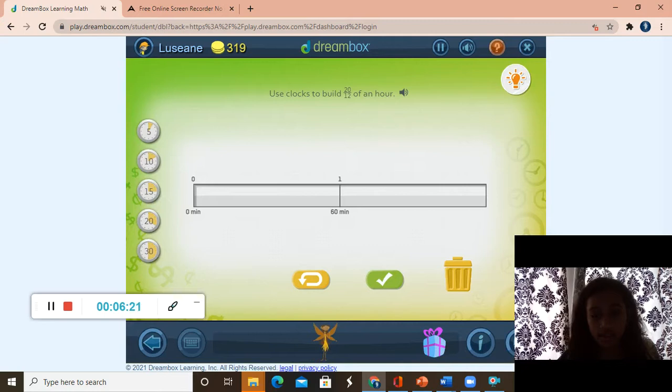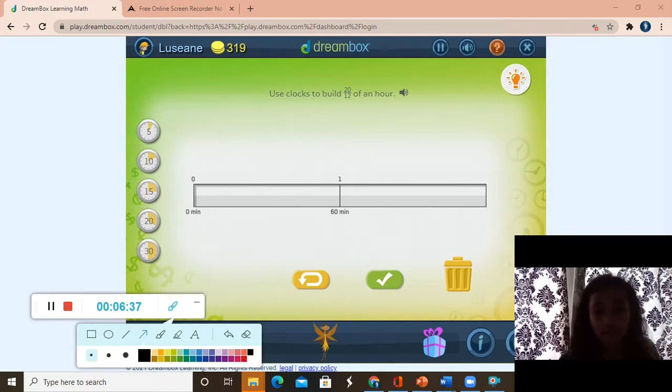And use clocks to build 20 twelfths of an hour. So we know that 1/12 of an hour equals 5 minutes.